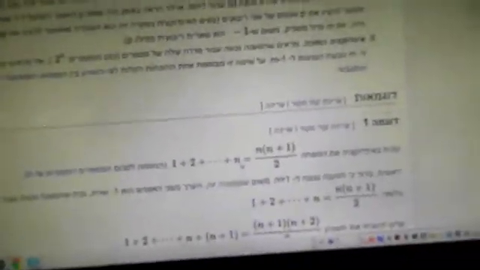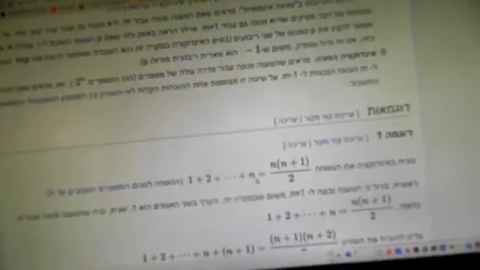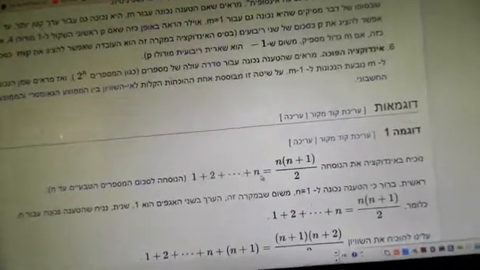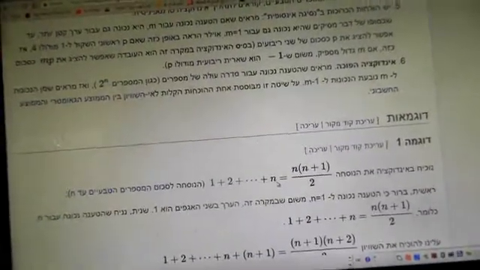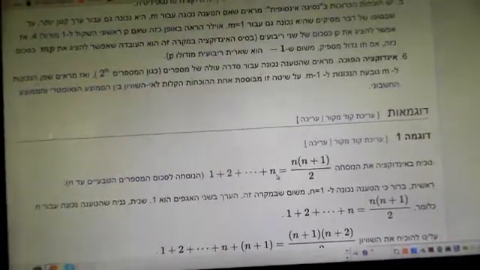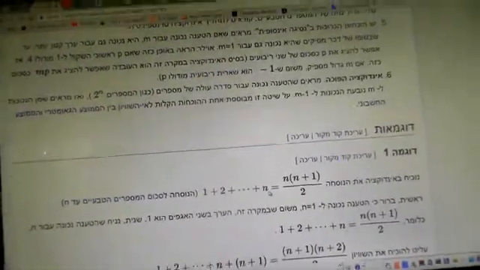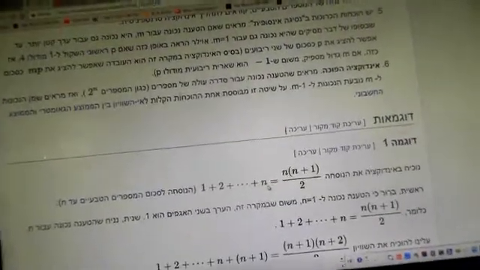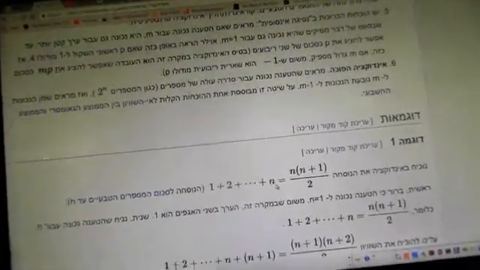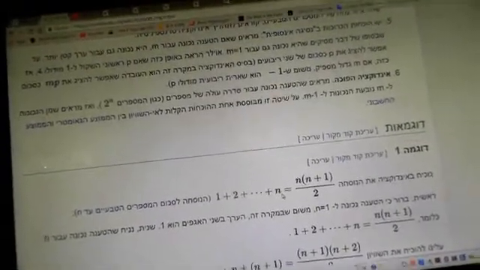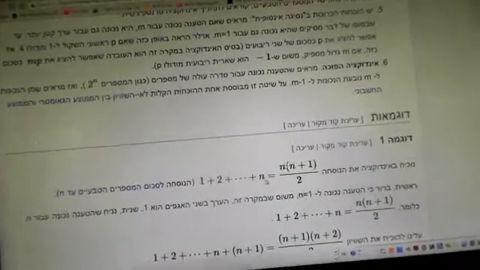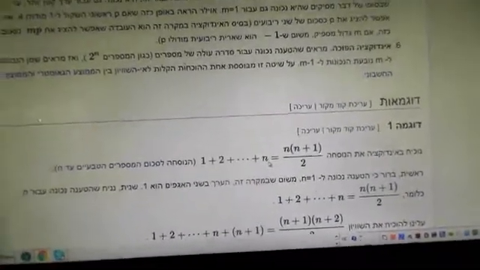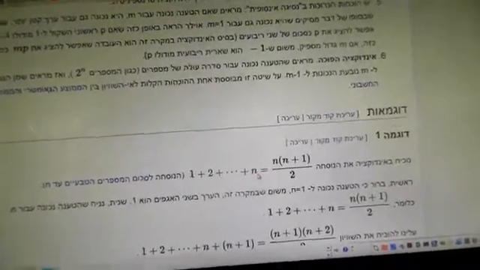We assume that this equation that you see is true for n, for natural n. This is our assumption. This is the mathematical induction's assumption, that this statement is true for natural n, and according to our assumption we need to prove that this statement is also true for n plus 1.